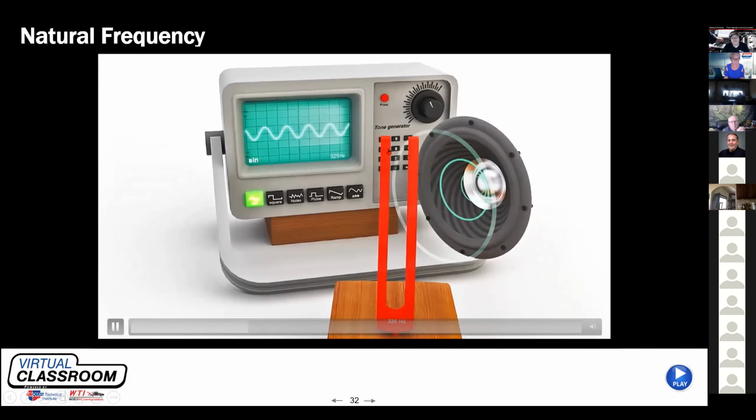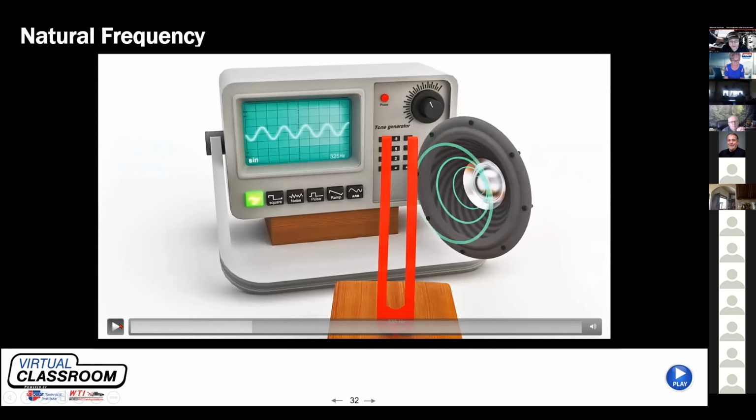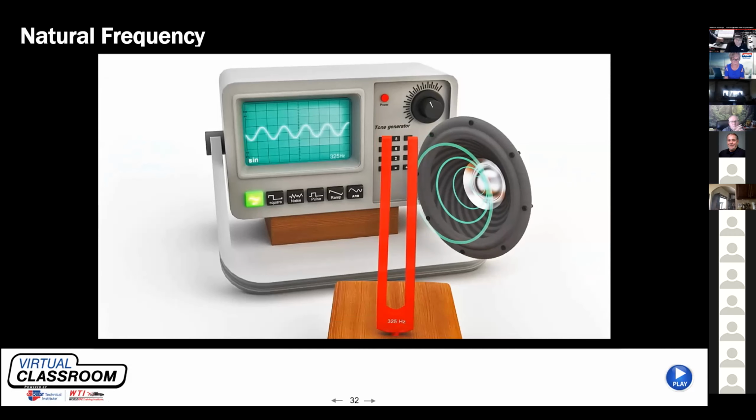Why did it vibrate only at 325? And let's take this back. I'm going to pause this. Why did it not vibrate below 325, not vibrate above 325, but right about 325? Why did it vibrate? It's because we applied a force that equaled its natural frequency.